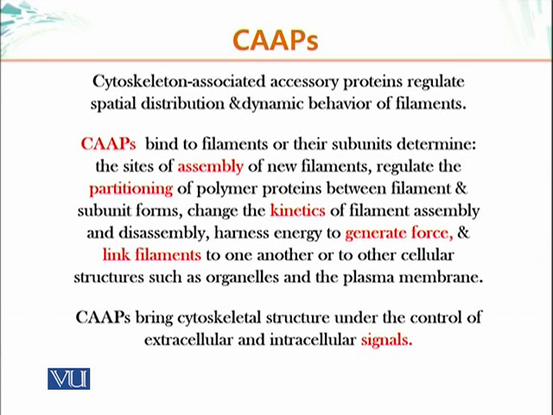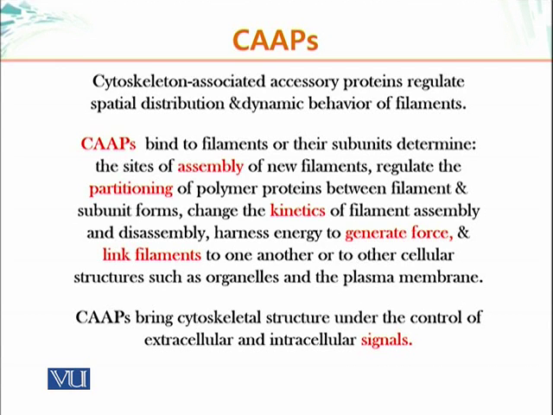These proteins collectively can be called cytoskeletal associated accessory proteins, or CAAPs. They regulate the distribution in the three-dimensional space of the cell of these cytoskeletal filaments, and also their dynamic behavior. So where a filament is going to depolymerize and where it is going to polymerize, in the case we saw earlier, there has to be something telling the cell to depolymerize its microtubule or skeletal array and then repolymerize at a different location.